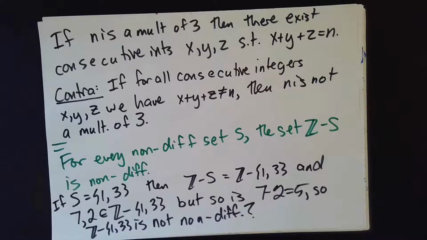Okay, so why can't a non-differential set have 0 in it? That is the question. Does anyone want to offer an explanation as to why a non-differential set can't contain 0?